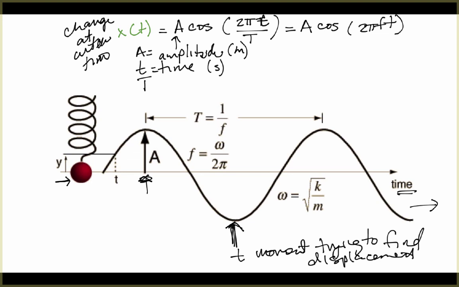Big T is the period, and you can see that's from here to here. So somewhere in this time, we're taking a snapshot or a point of that.